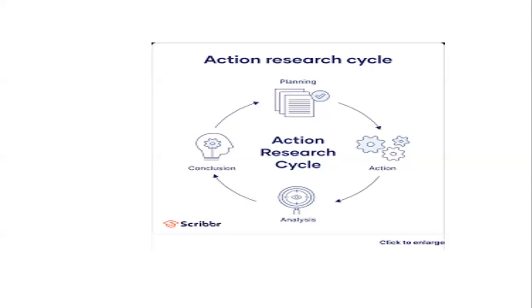Now you can find the reasons for that. You can interview them, you can give them a questionnaire. Then after that, you can plan something to improve their attendance. As an example, maybe they are coming from poor family backgrounds, and since they don't have enough food to eat, they don't like to come to school.